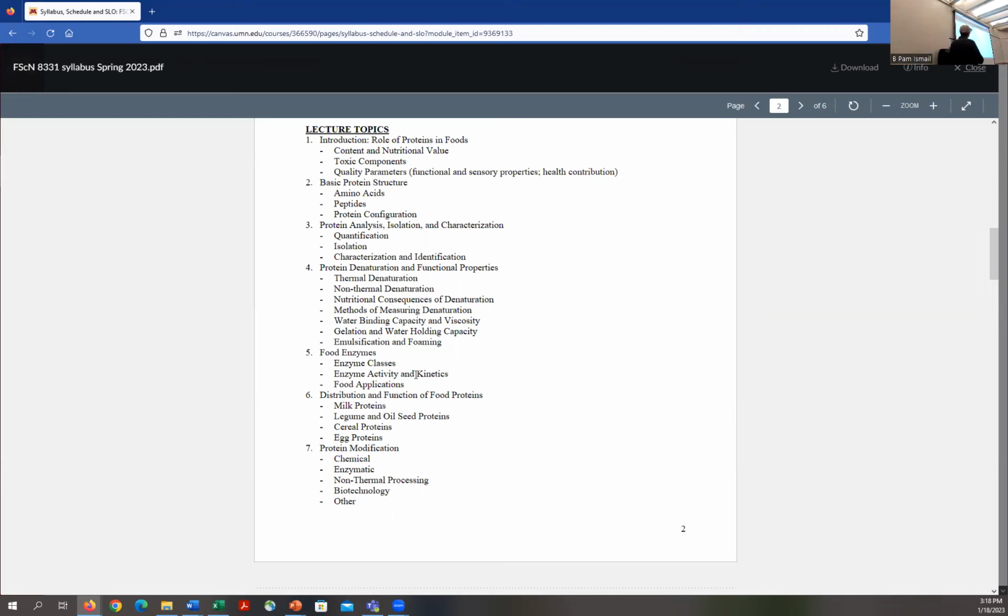But then I'm going to link everything together. So finally, when the class ends, you're going to be all young protein scientists. Everything ties up, starting with the very basic, and then more complex, looking at how structure impacts function, looking at enzymatic application, looking at different sources of proteins and digging deep into them, and then protein modifications at the end.